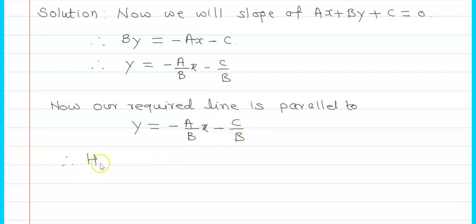Hence its slope is minus a upon b, because these two lines are parallel. Okay.